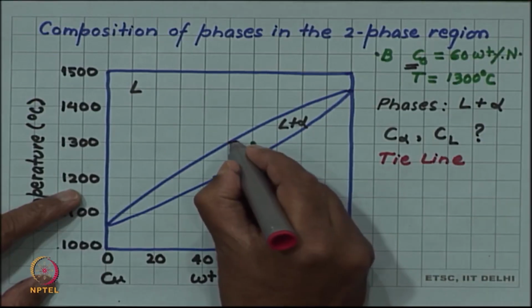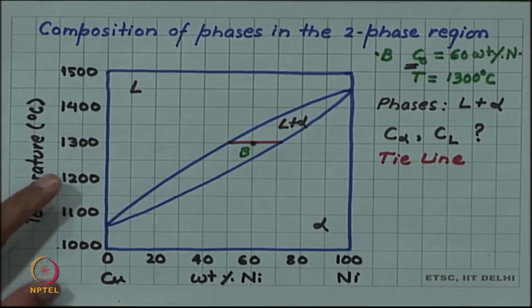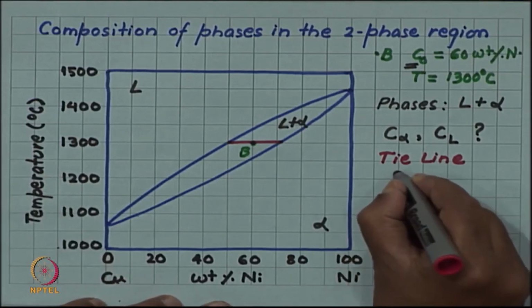A tie line is nothing but a horizontal line in your phase diagram in the two phase region.